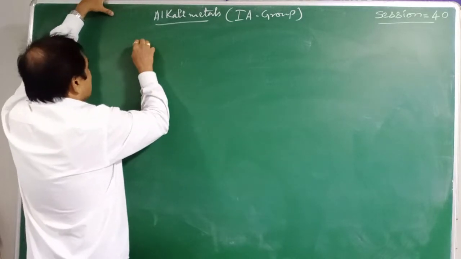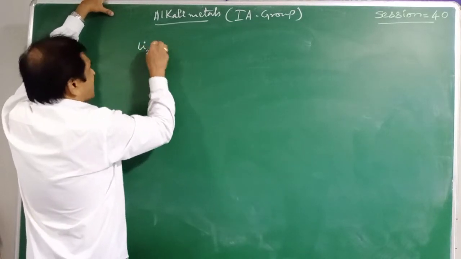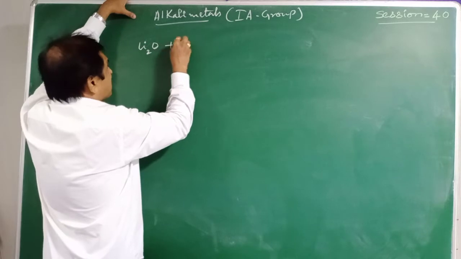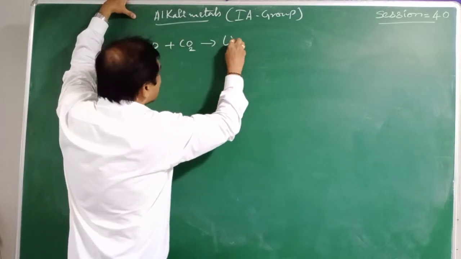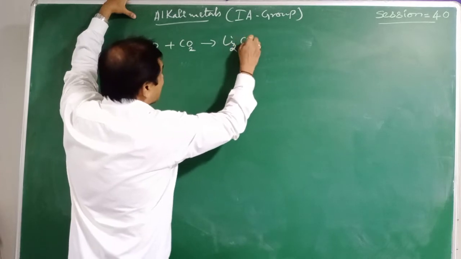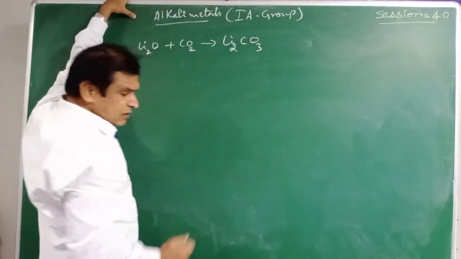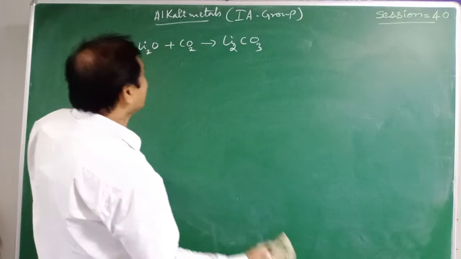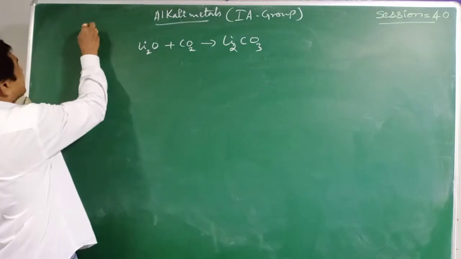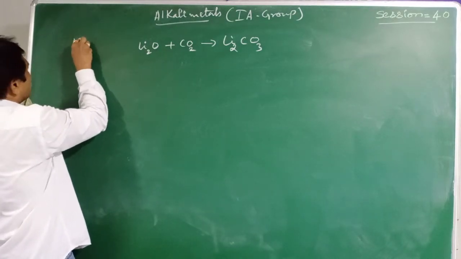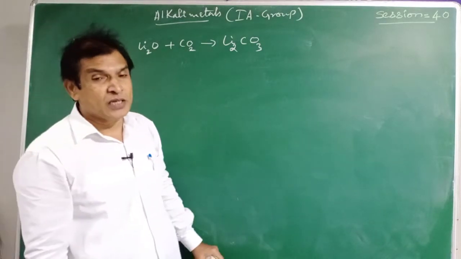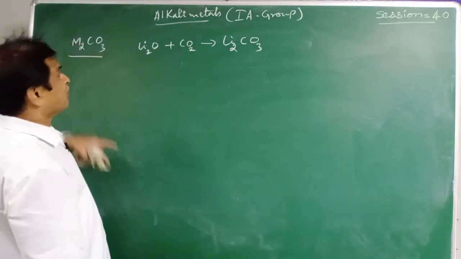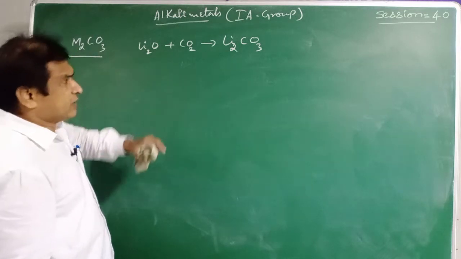For example, lithium oxide, when it reacts with carbon dioxide, forms the corresponding lithium carbonate, Li2CO3. That means generally we can say that alkali metals form carbonates of the formula M2CO3. Lithium carbonate, like this.